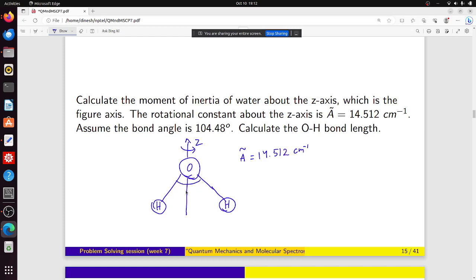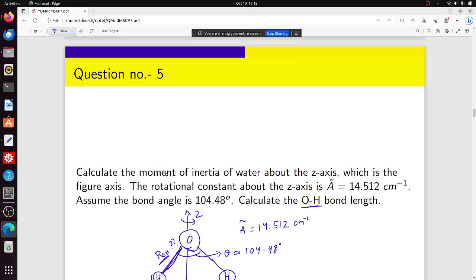So this angle is given, let's say theta, to be 104.48 degrees. Now we need to calculate the bond length between oxygen and hydrogen. So you understood the question.